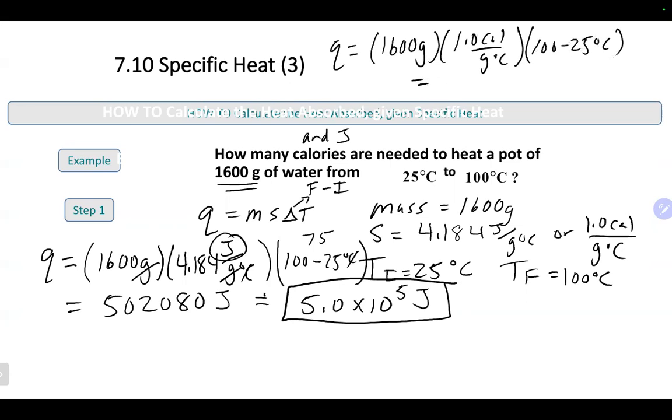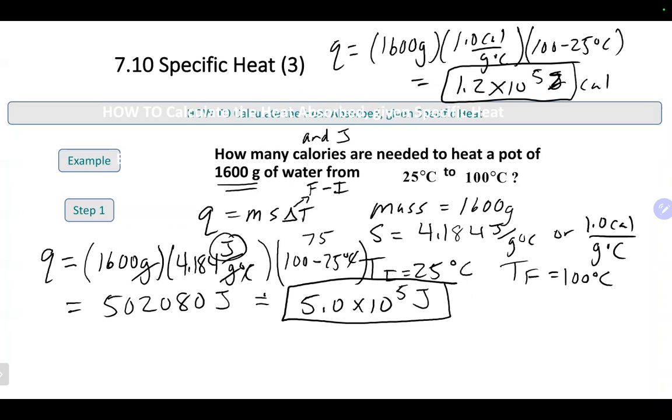And if we do that, which is obviously the same thing you would get if you use the conversion down there, looks like 1.2 times 10 to the 5th calories in that case. And again, that should be pretty much what you get if you divide the bottom one by 4.184, basically.